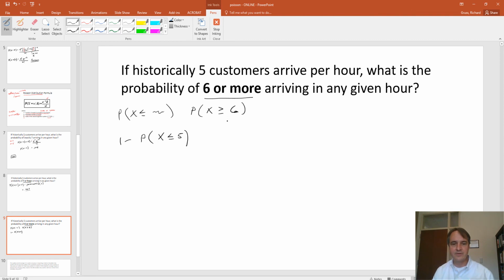Because these are discrete values, the probability of x being greater than or equal to 6 is 1 minus the probability of x being less than or equal to 5.